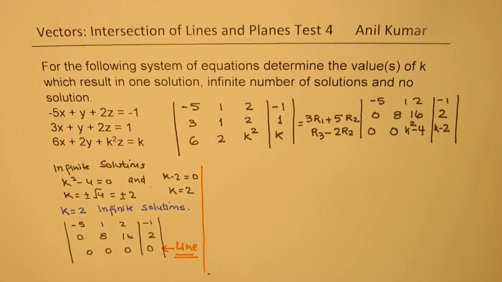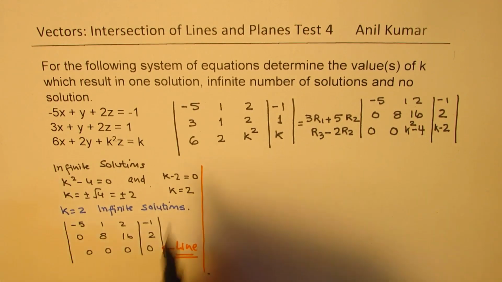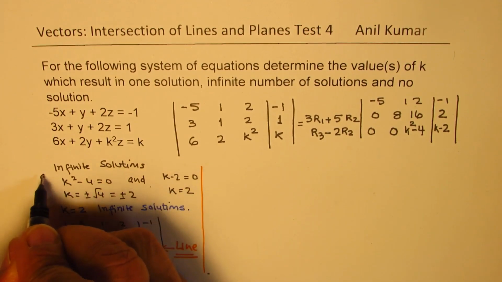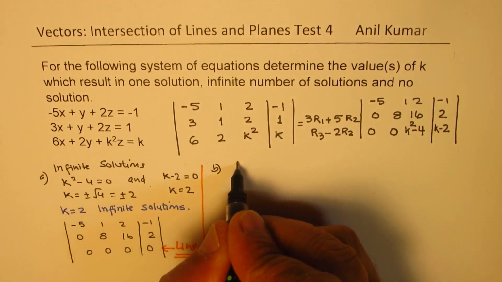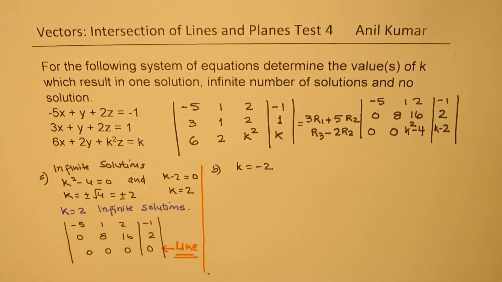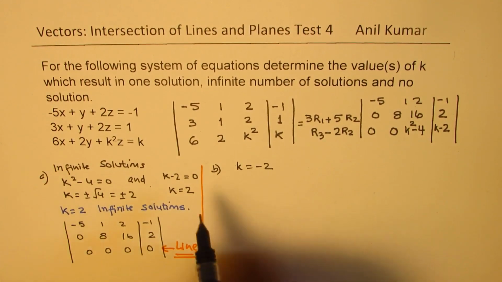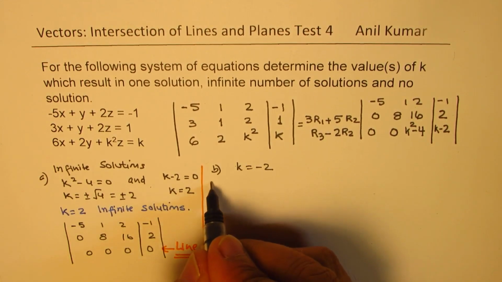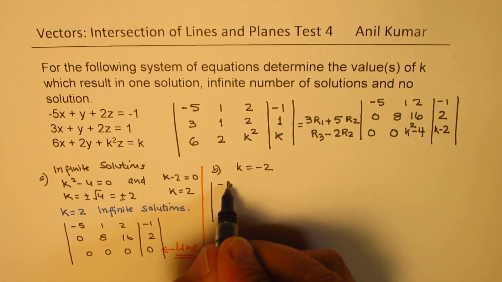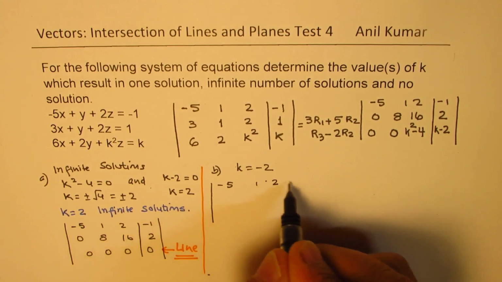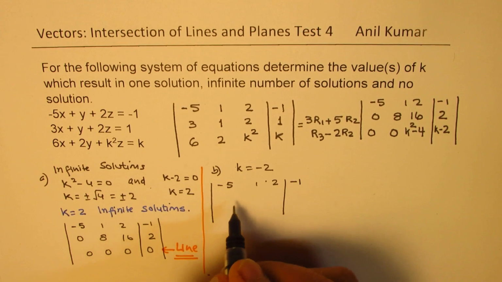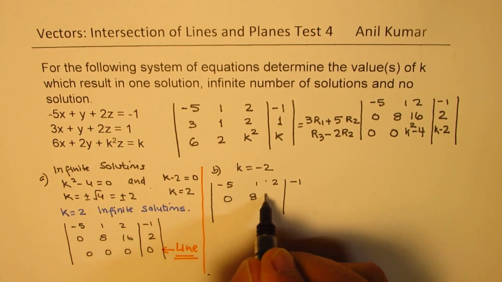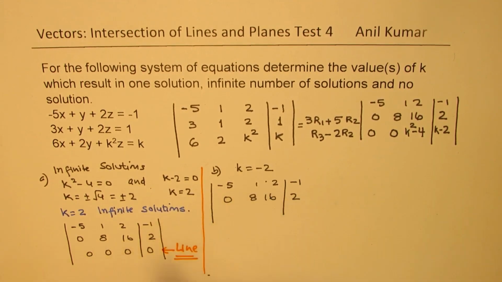Correct? Now, if k is not 2, but if it is minus 2, so this is case A and B. If I take k equals to minus 2, in that case what I get here is something like this. It's very important to understand this concept, and therefore I'm taking my time here.